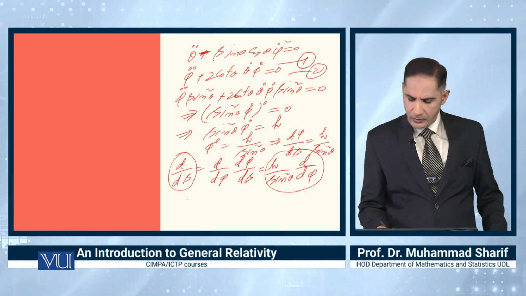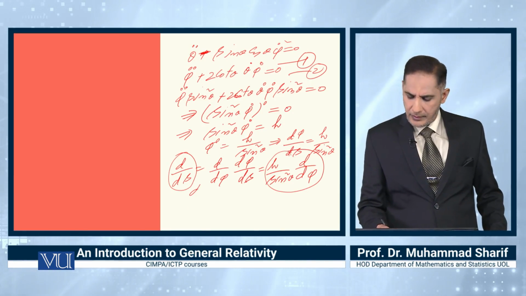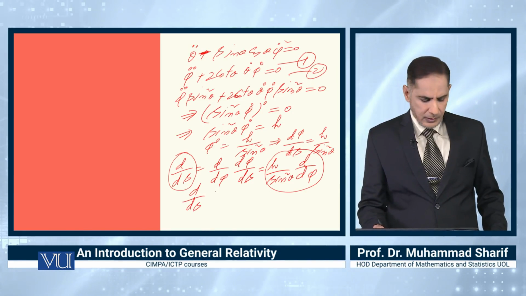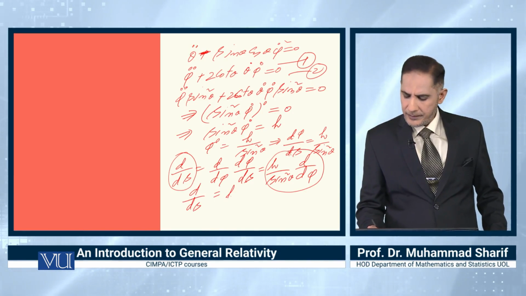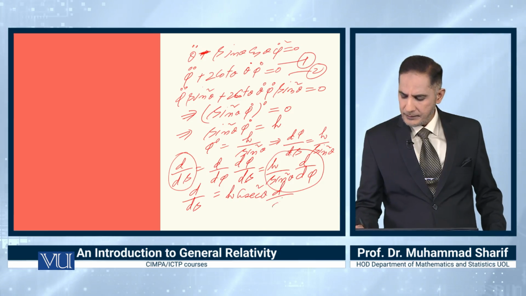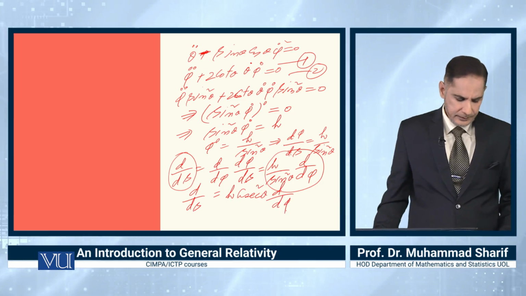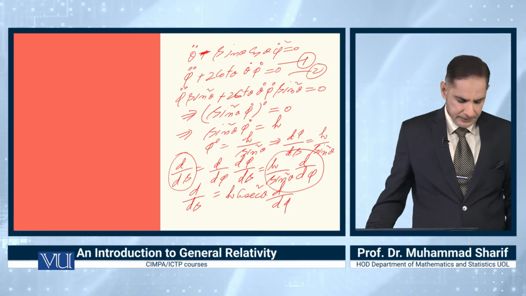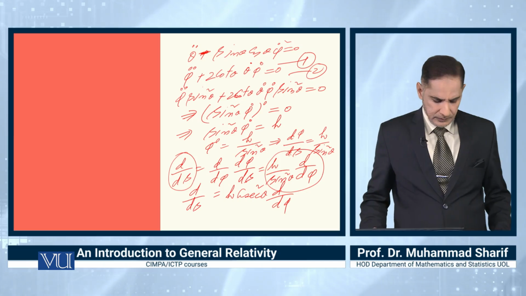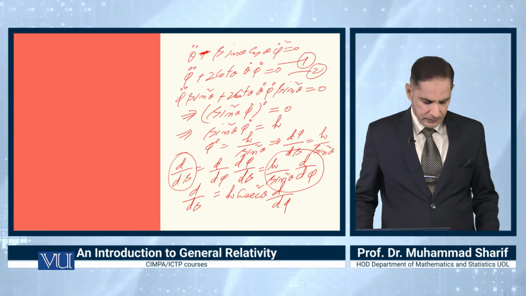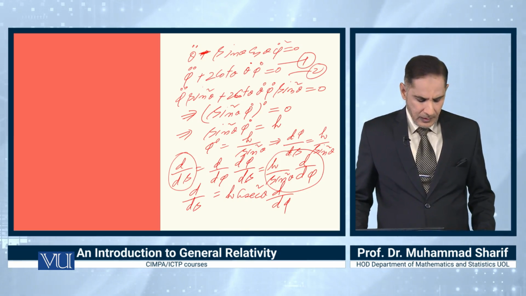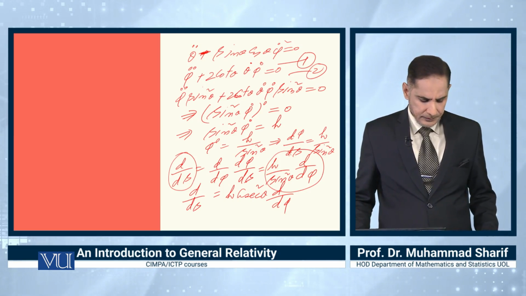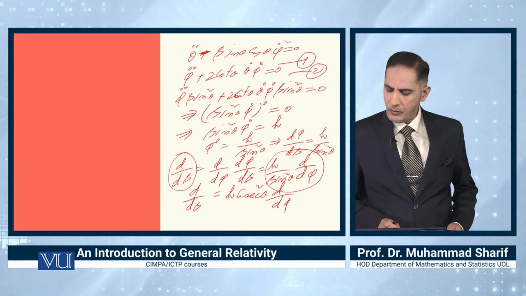In other words, you can write d over ds is equal to h cosecant square theta d over d phi. Now we put this value in equation number 1.